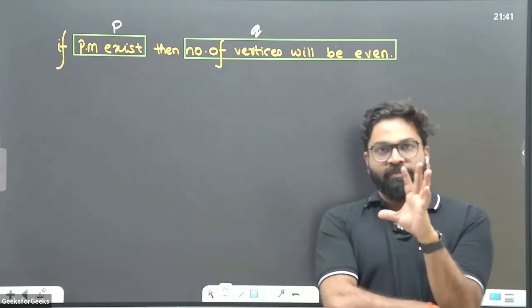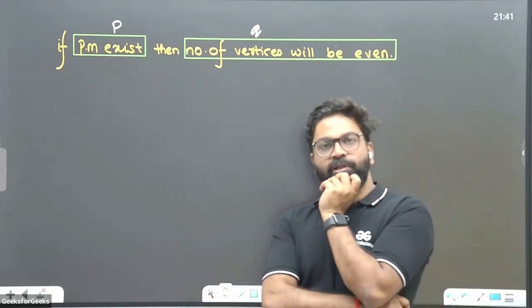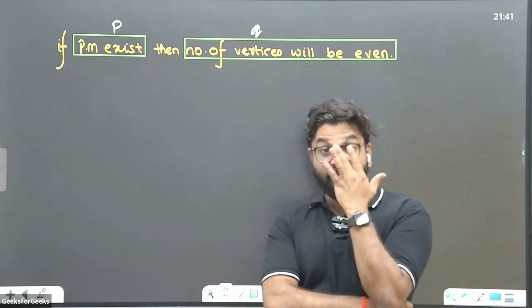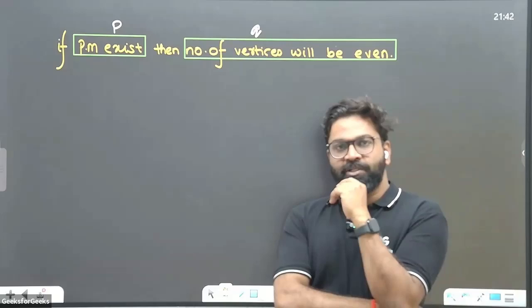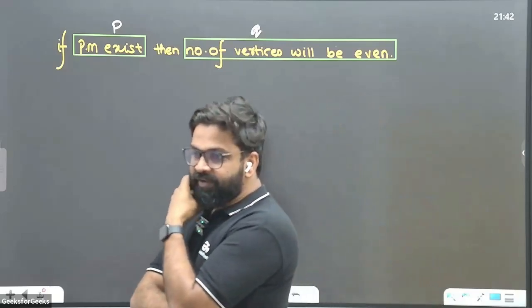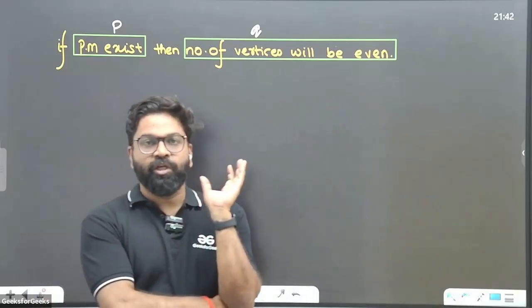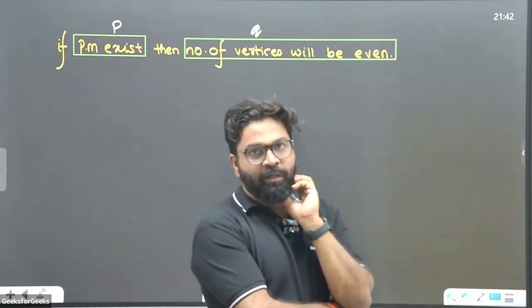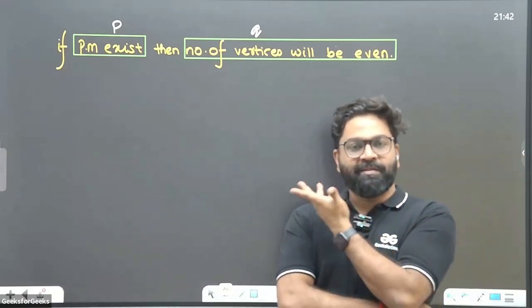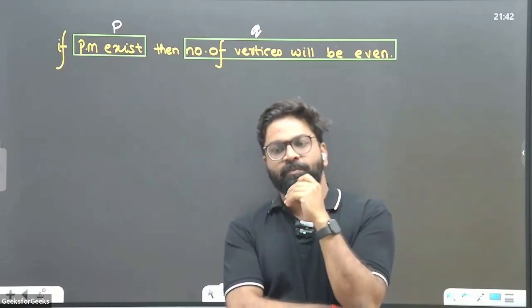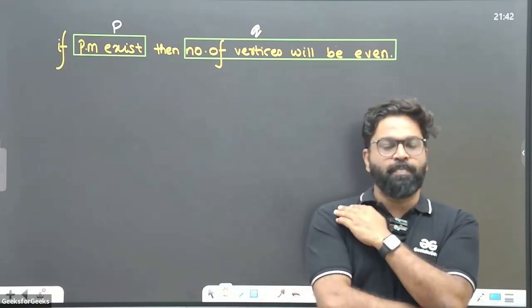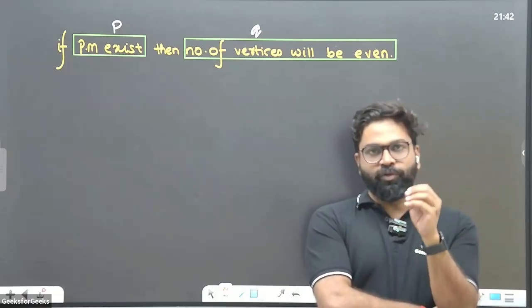Now, how do we draw the truth table of this? Please try to focus. Suppose you are a new mathematician and you have given a brand new theorem to the whole world.